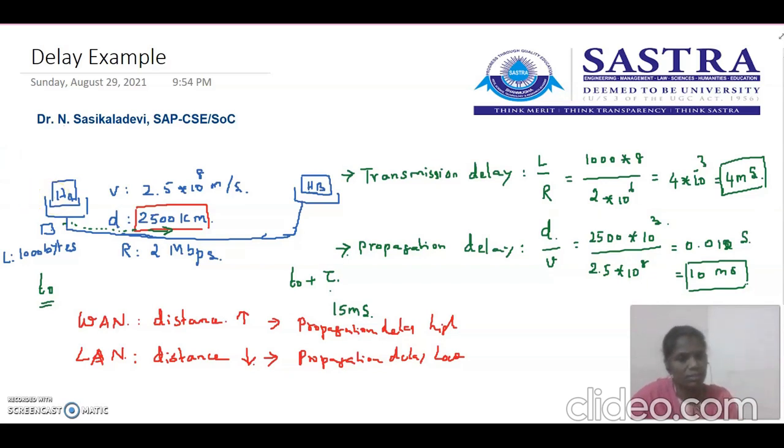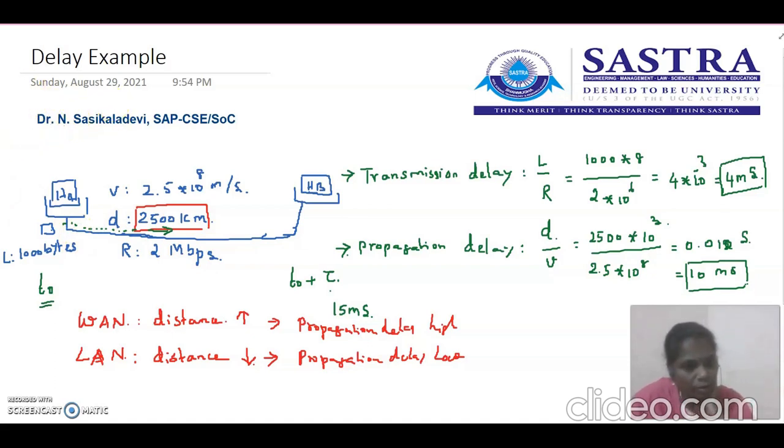So the packet reaches the destination with a small propagation delay, but the transmission delay is entirely based on the capacity of the channel.